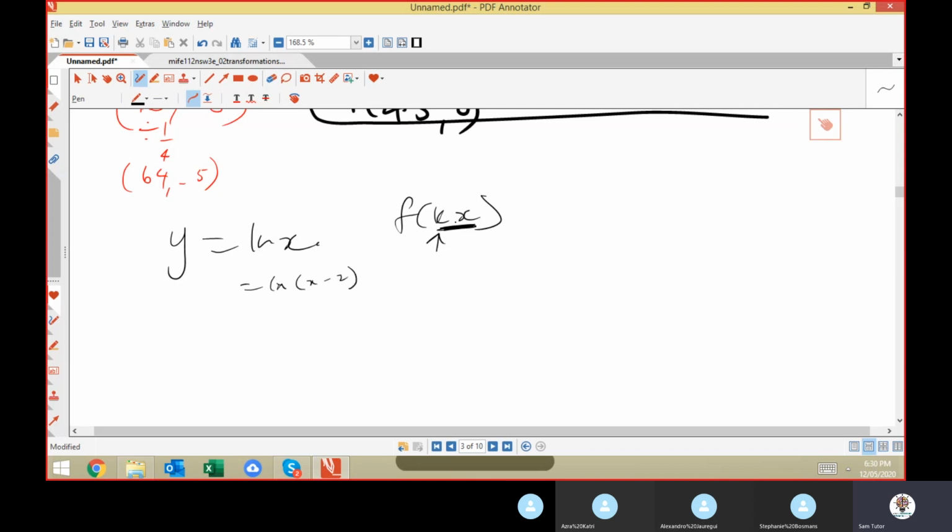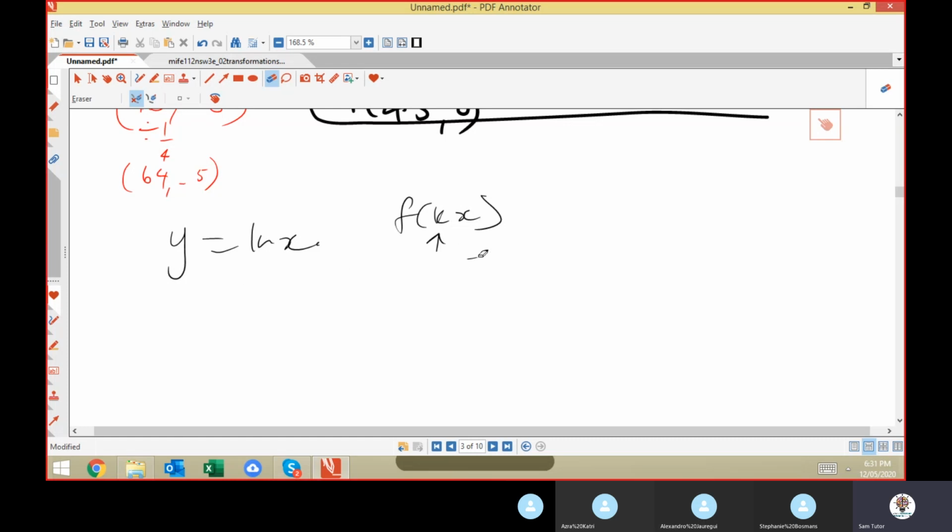And then when you're doing kx, even though k is 3, it does not mean the 3 is going to go in the front. So you're not multiplying the whole x value by 3. Whereas in extension 1 and stuff, we will need to do that, so that might confuse it a bit. But anyways, this kx is only attached to the x, so that would look like this. That's what I was doing wrong in my head.